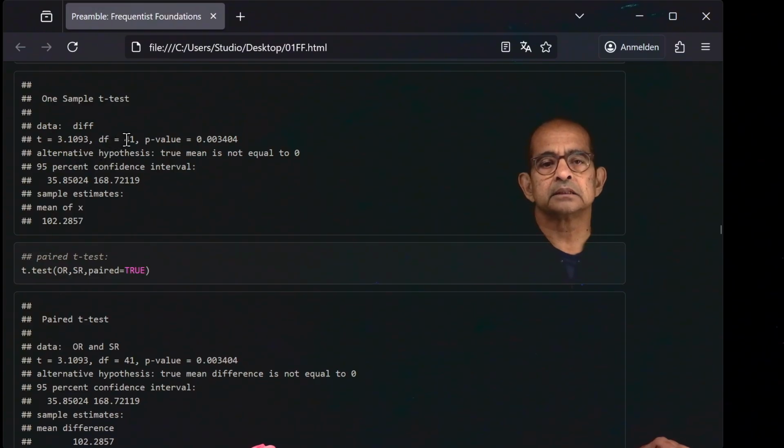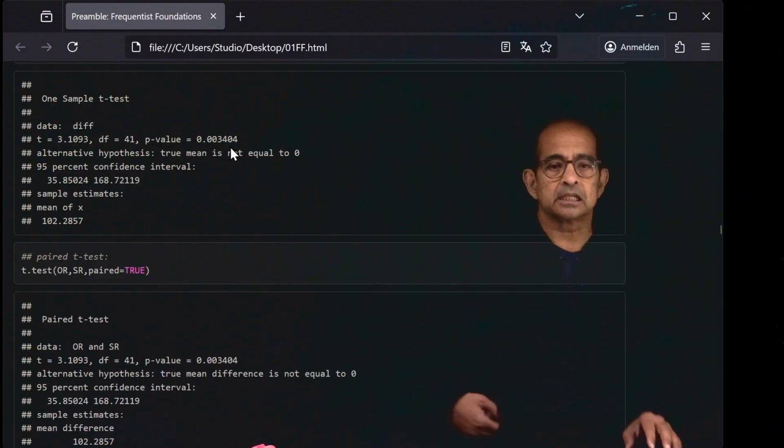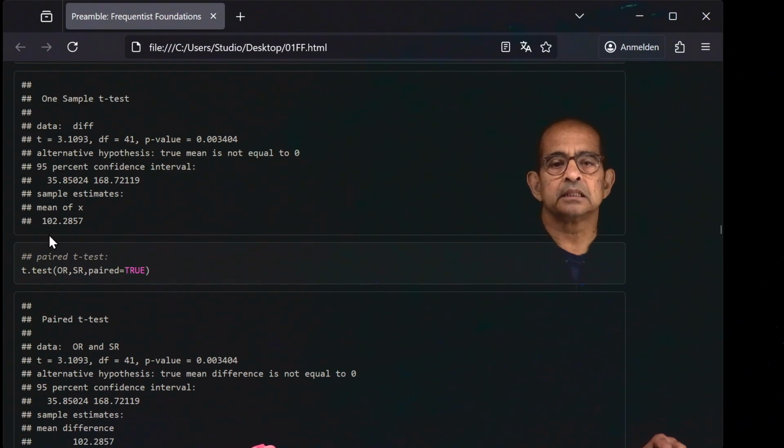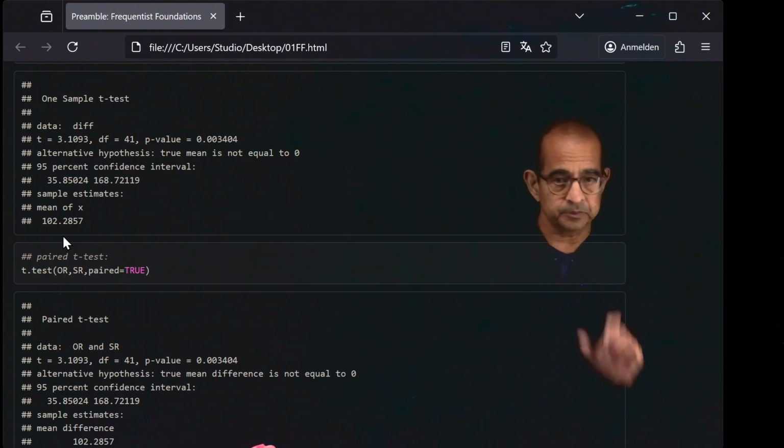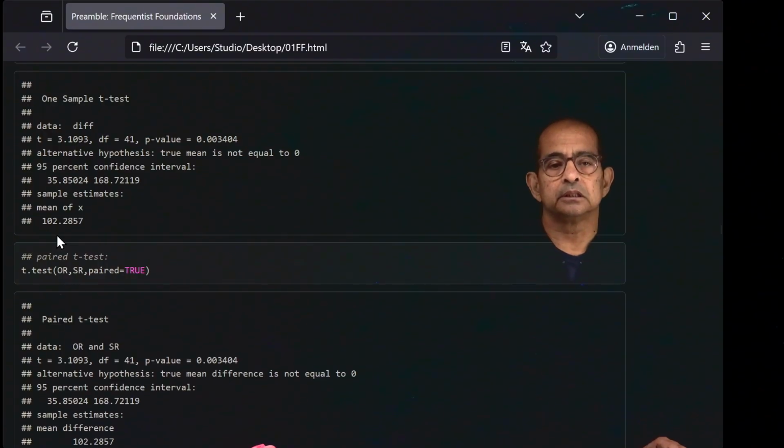I get the degrees of freedom, which is 42 minus 1, the p-value, which I just discussed, and then the 95% confidence interval, which I have explained the meaning of, and the estimated mean of the difference between the two conditions.